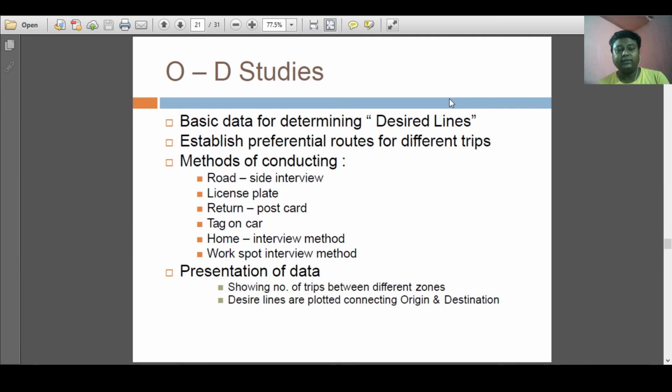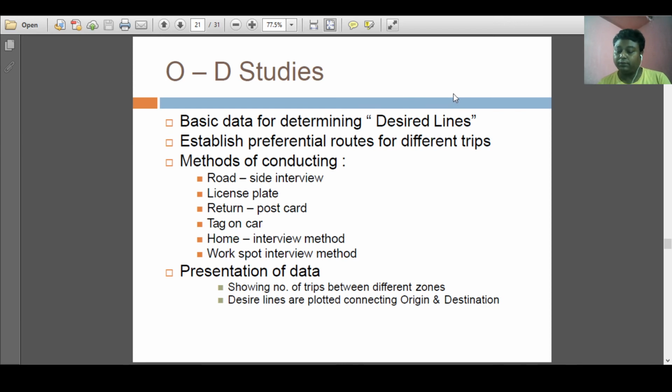Now this origin and destination is different for different types of purpose. Suppose your starting point is home and you are going to office, so your origin is home and your destination is office. Now again you start your vehicle from your office and you want to go for some shopping, so for that particular trip, the office will be converted to the origin point.